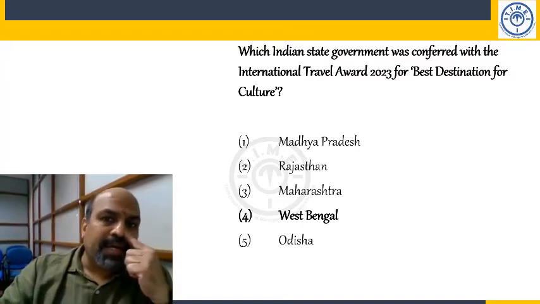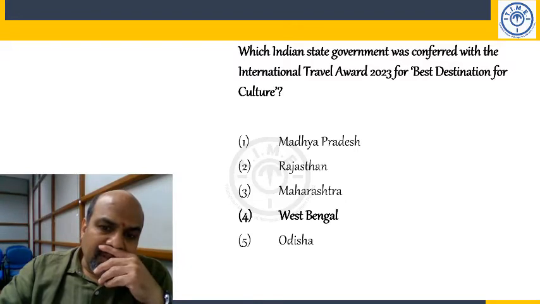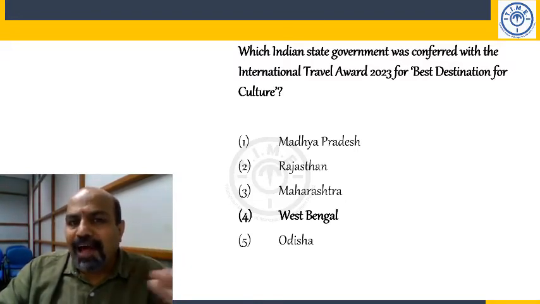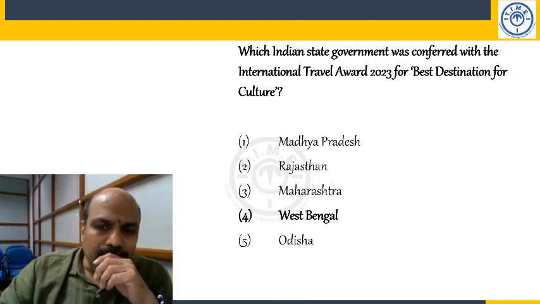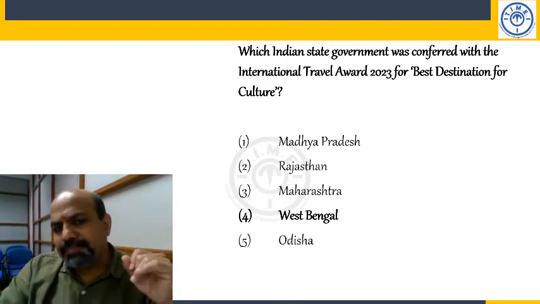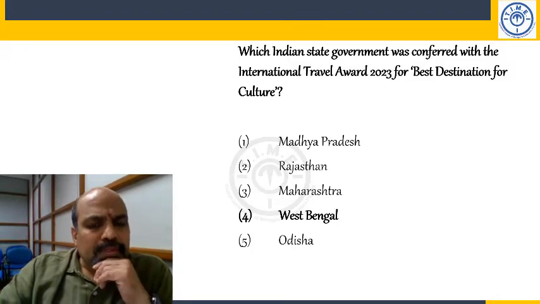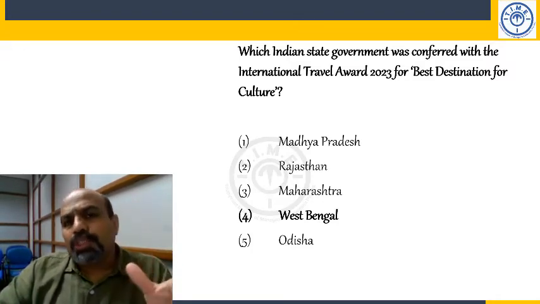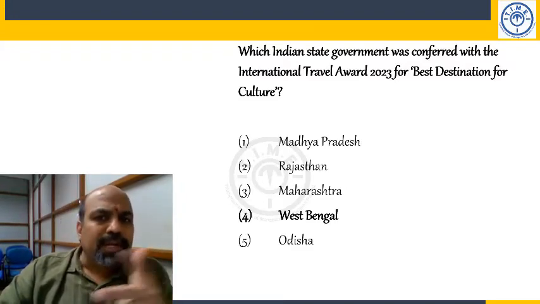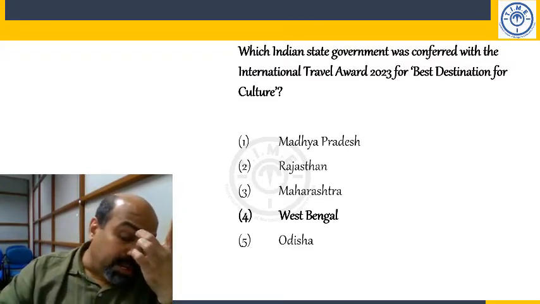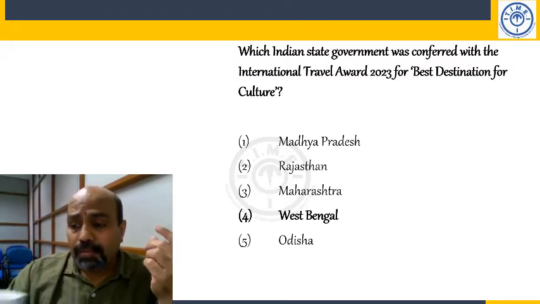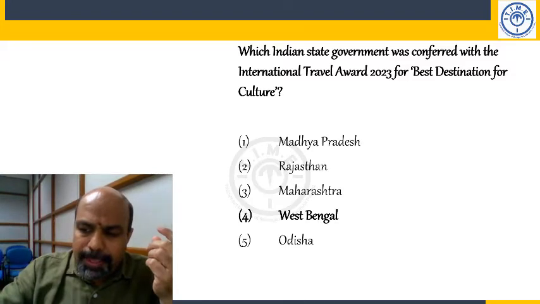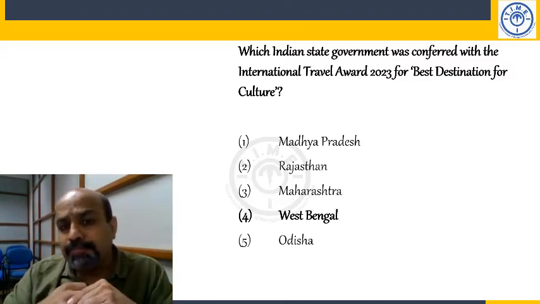Then Maharashtra, one word: Unlimited. Beautiful place, Maharashtra. Odisha: the soul of incredible India.